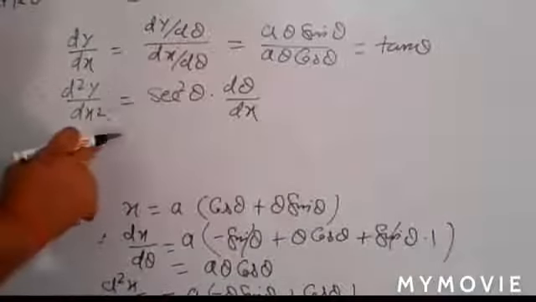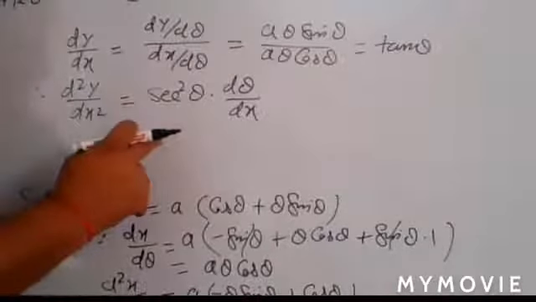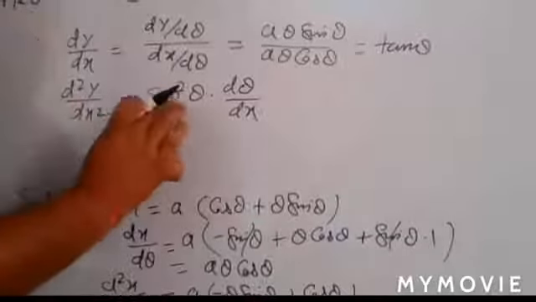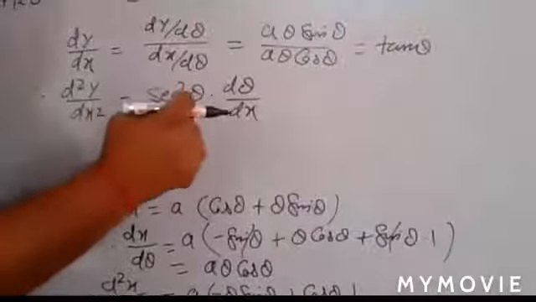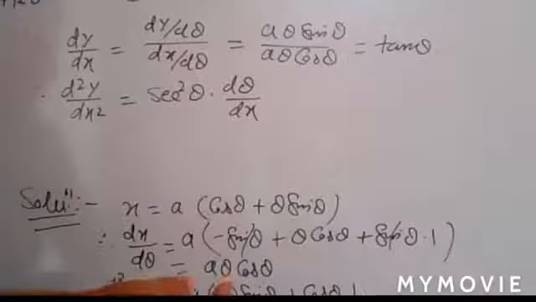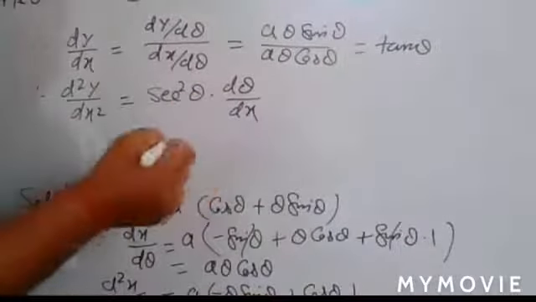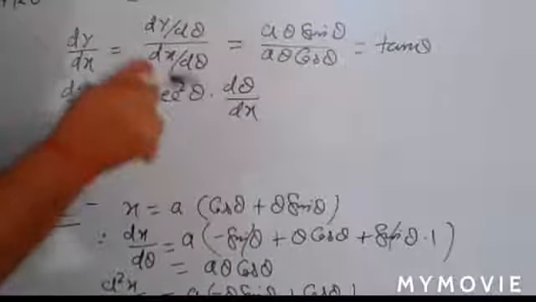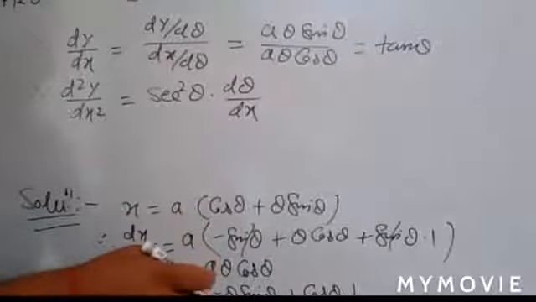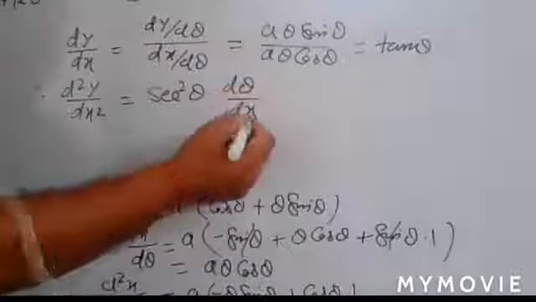First write the formula for the derivative of tan theta, sec square theta, then differentiate theta with respect to x again, so write d theta by dx.